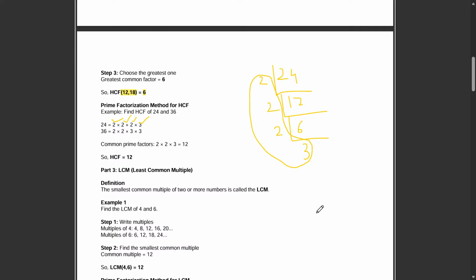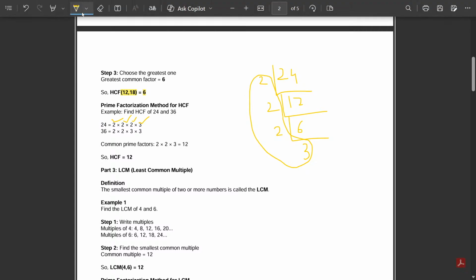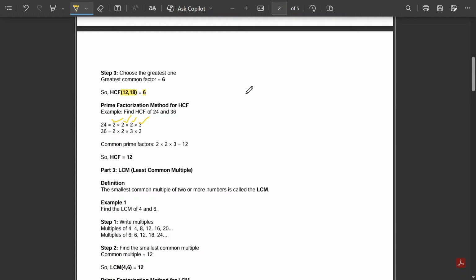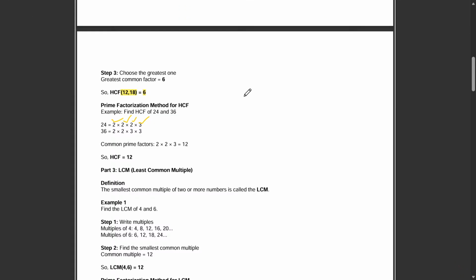Similarly, we are going to find the factors of 36.